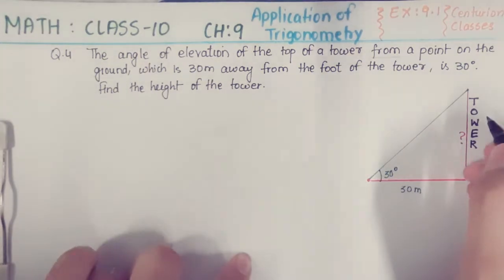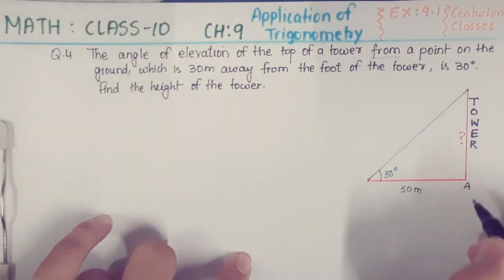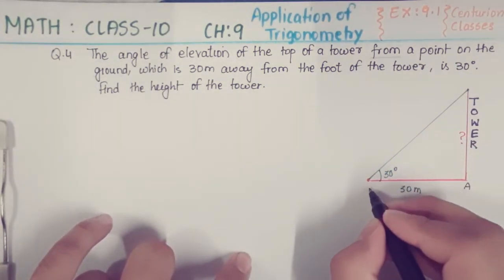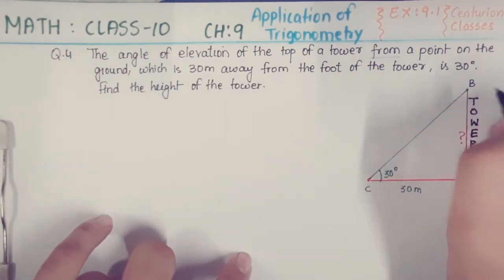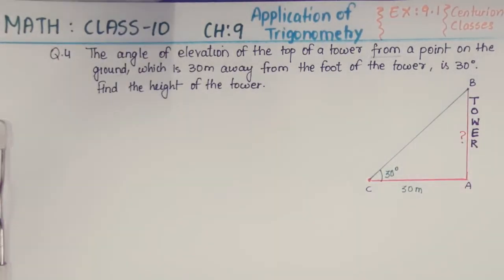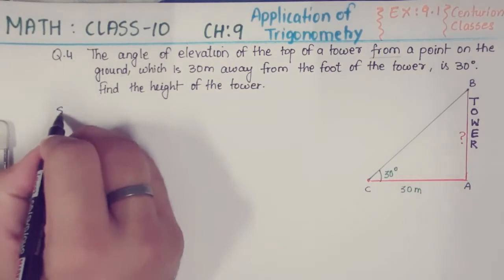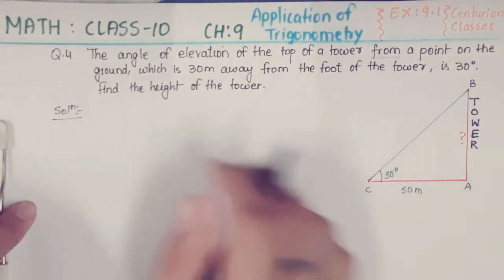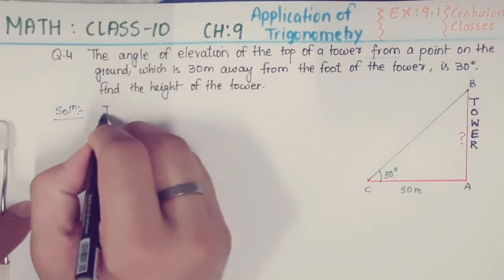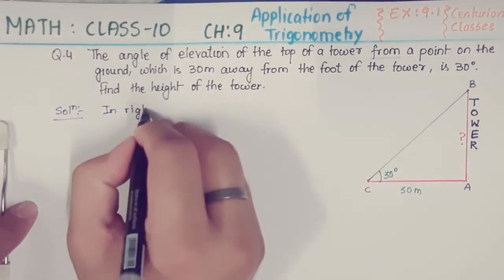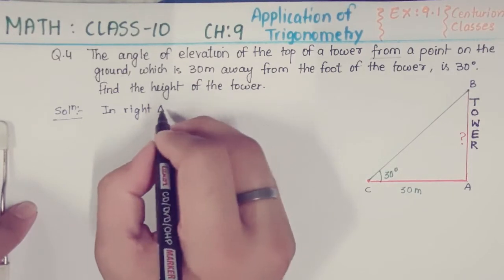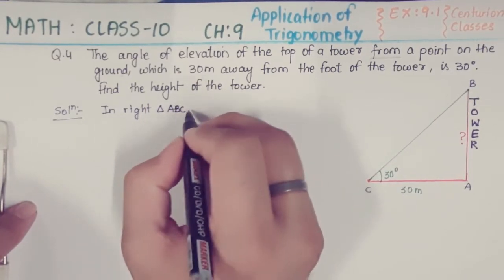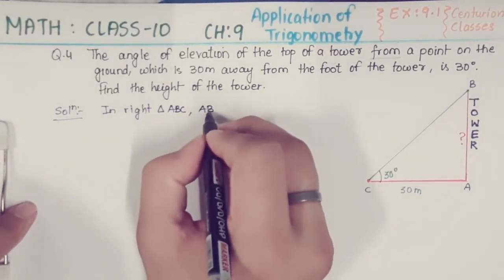Let this point be A, C and B. We'll describe the diagram over here. So in the right triangle ABC, what is AB?